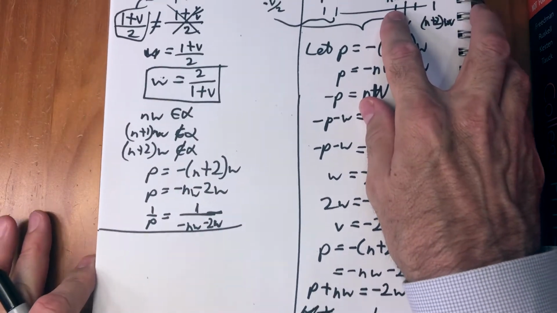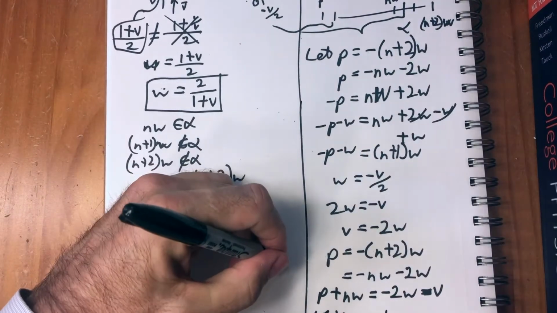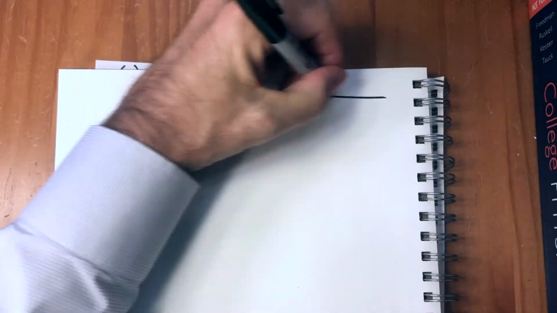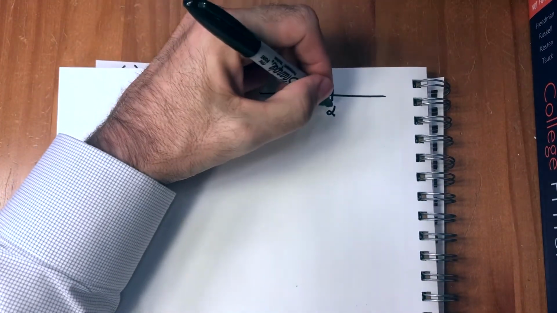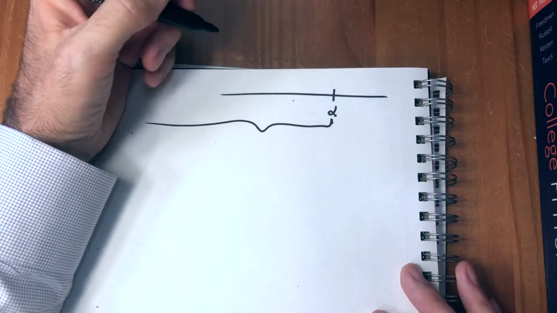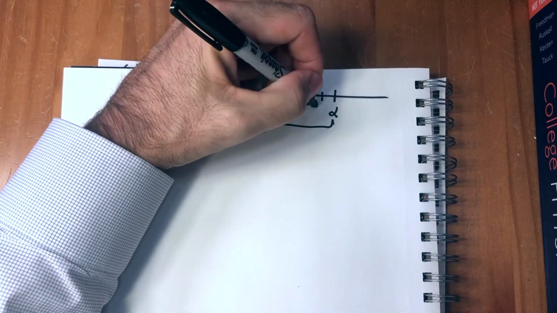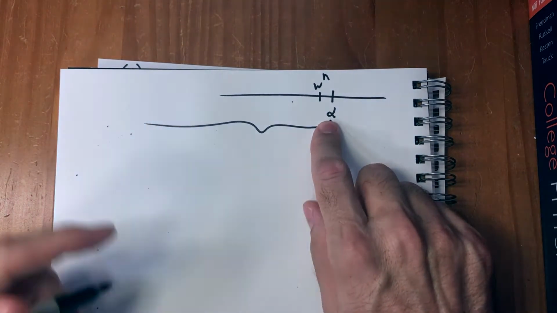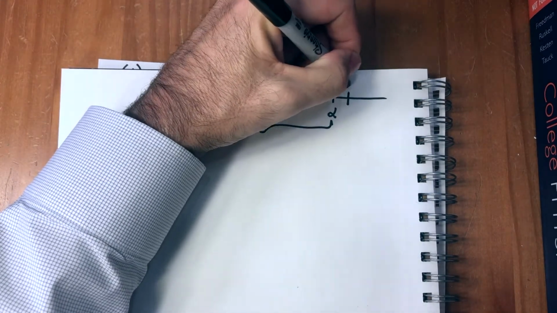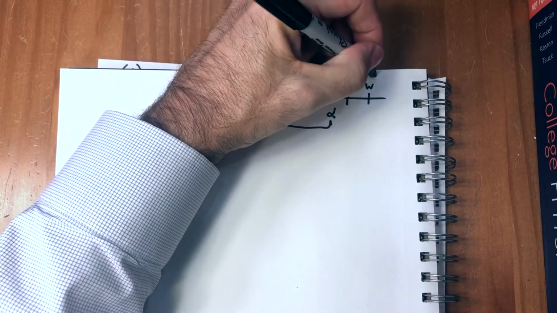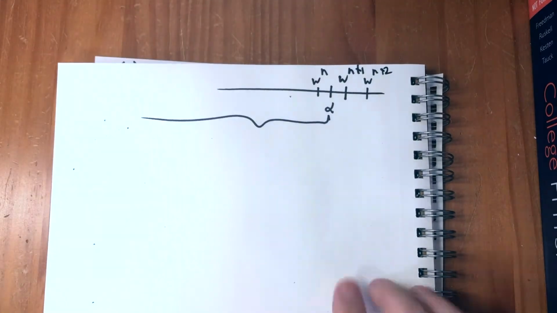So what I want to do is instead say, let's get on a new page. Instead say that if we have alpha, there's a version of the Archimedean property that will allow us to say that w raised to the n is inside of alpha, but that w raised to the n plus 1 is outside, and w raised to the n plus 2 is even further outside.